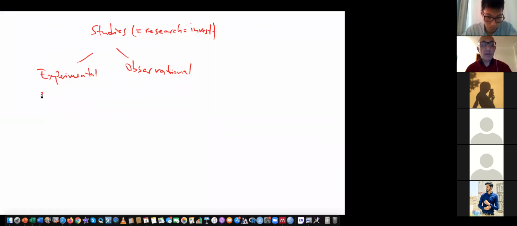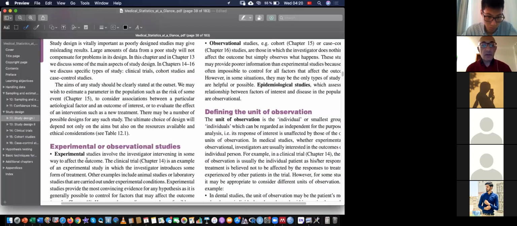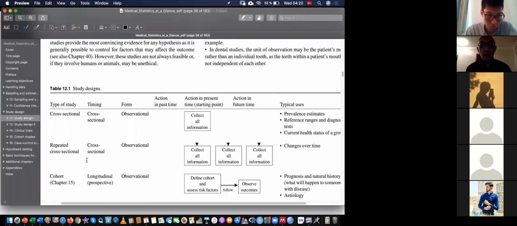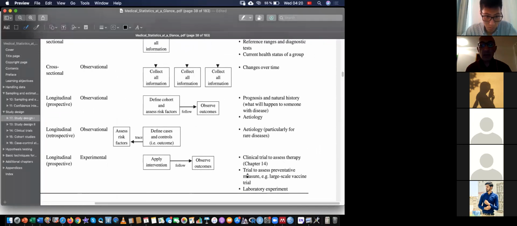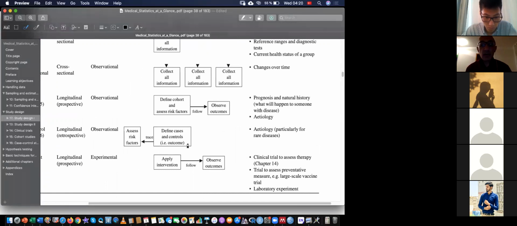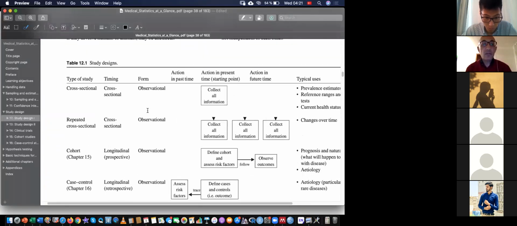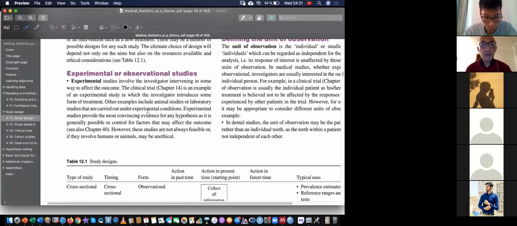The main advantage of an experimental study, as you will read also in the book, is that you can control the experimental conditions.